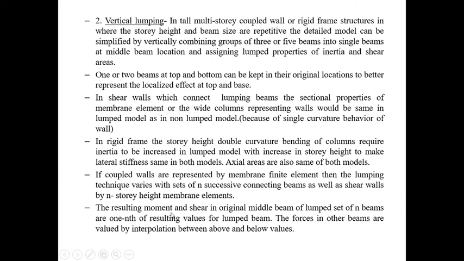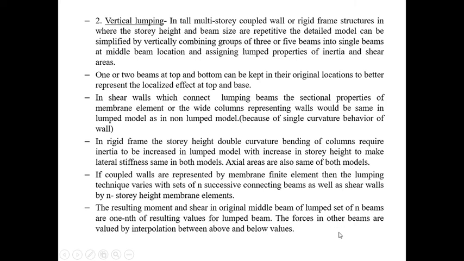Then the resulting moments and shear in the original middle beam of the lumped set of n beams are 1/n of the values of the lumped beam. Whatever results of moments and shear you get in the middle beam of the lumped set will be 1 by n of the resulting values of the lumped beam.